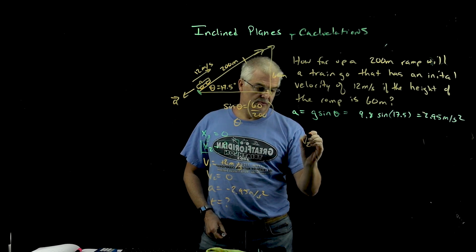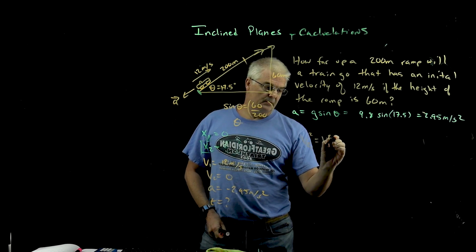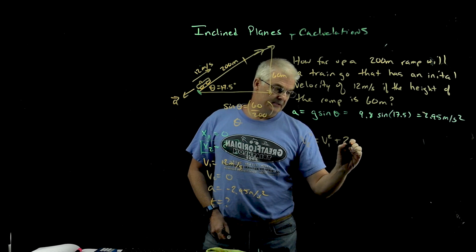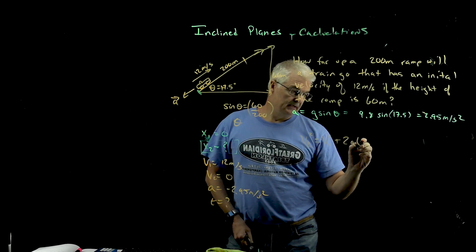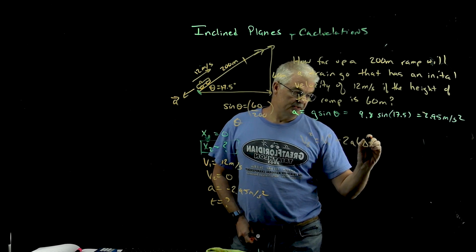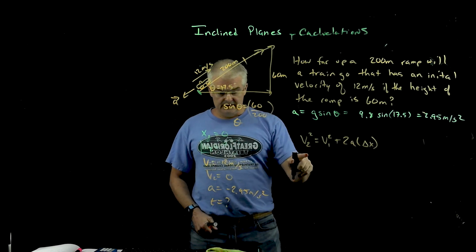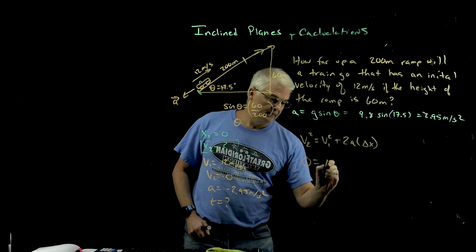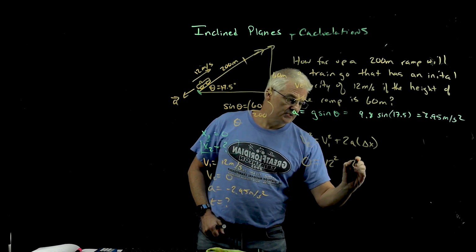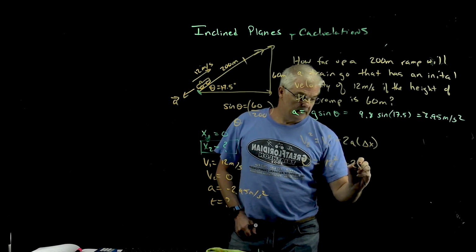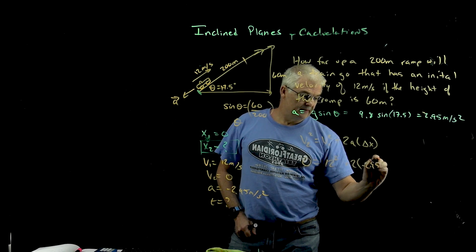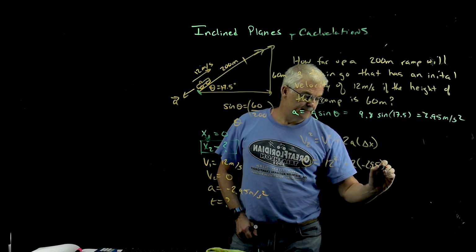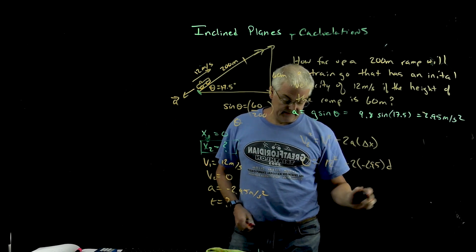You can say v2 squared equals v1 squared plus 2 times a times delta x. So v2, which is 0, equals v1, which was 12, now squared, plus 2 times negative 2.95 times delta x. I can just say d, or the distance it's going to travel.